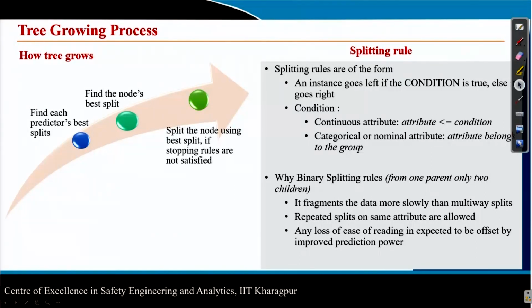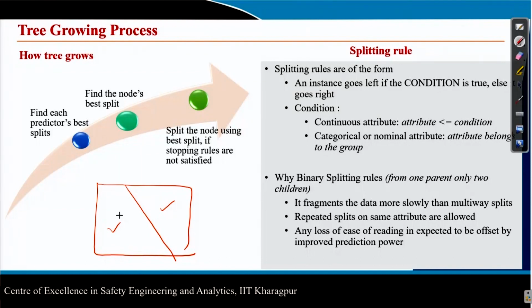One is to find each predictor based split. How many predictors are there? Suppose you have p number of predictors. How many splits per predictor are possible, and then under each split you find out what the improvement is. I have the total data set and I am partitioning it, creating one set and another set.